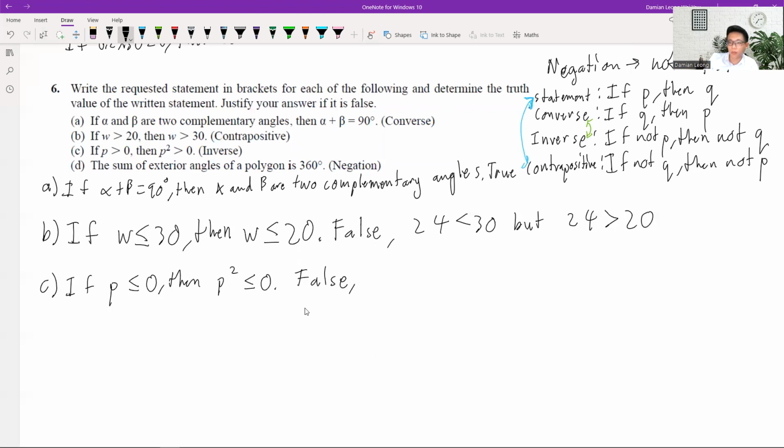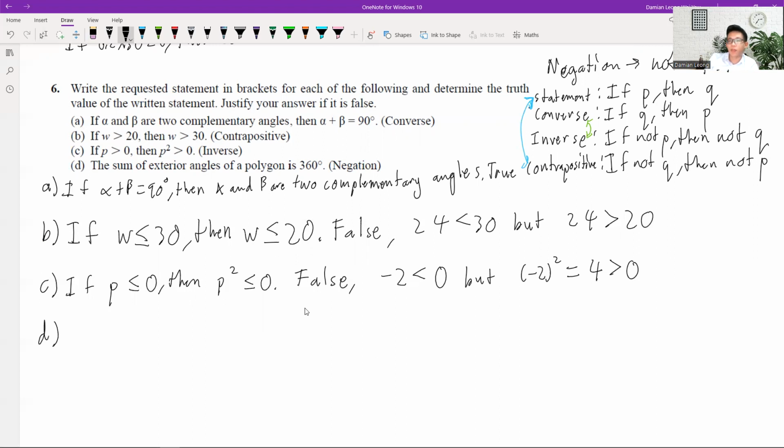For P less or equals 0, I can take, say, -2. -2 is less or equal to 0, in fact, it's less than 0. But -2 square is 4, which is more than 0 instead of less or equals. Or you can use any other number, so -3, -4, -5, -1, doesn't matter.